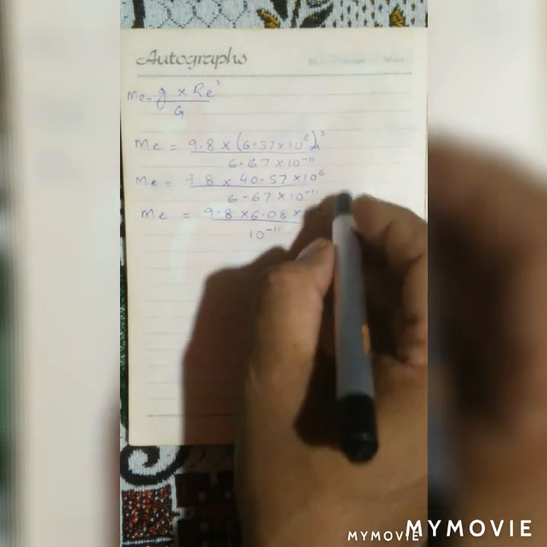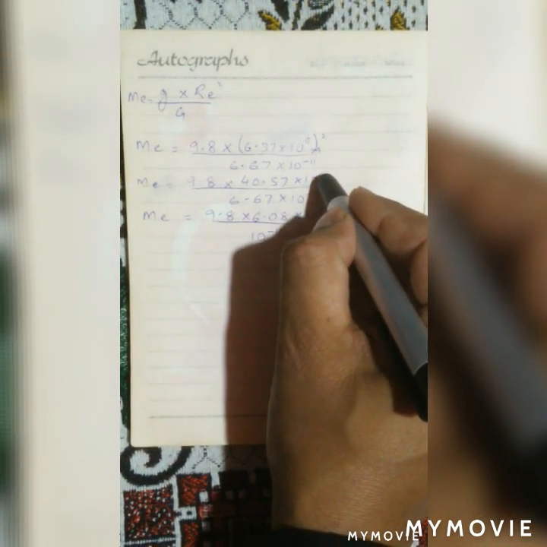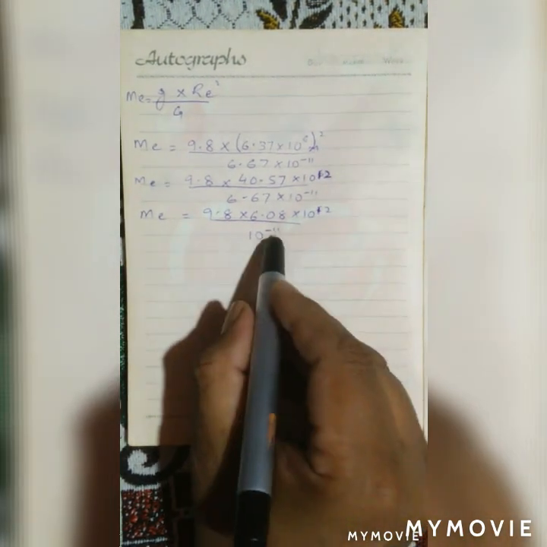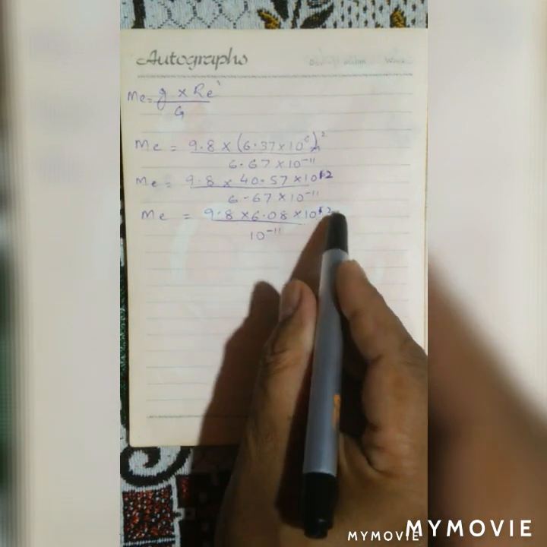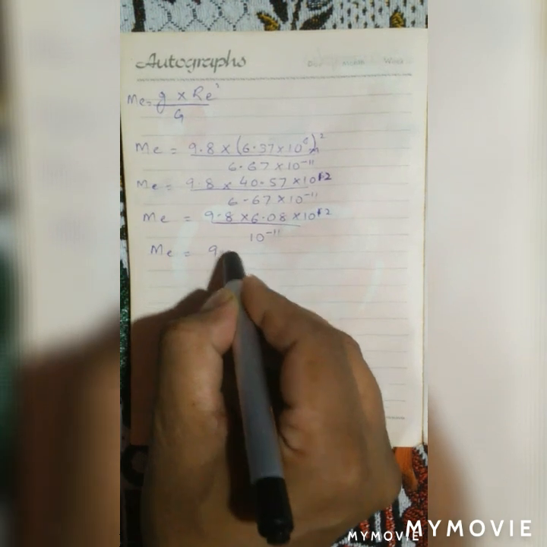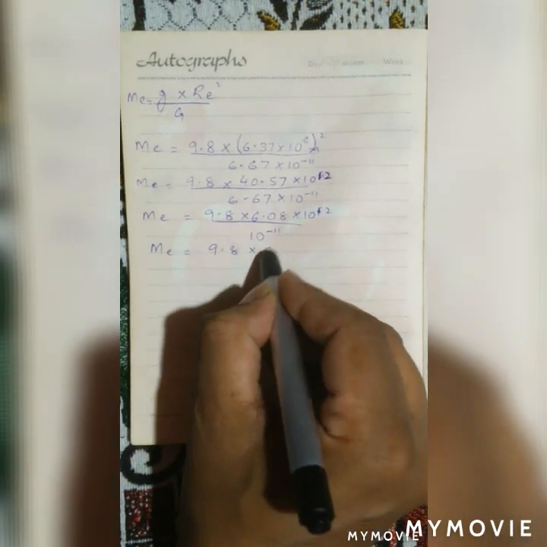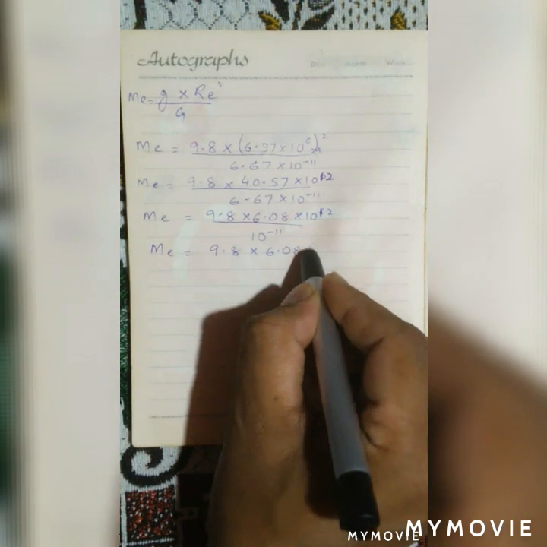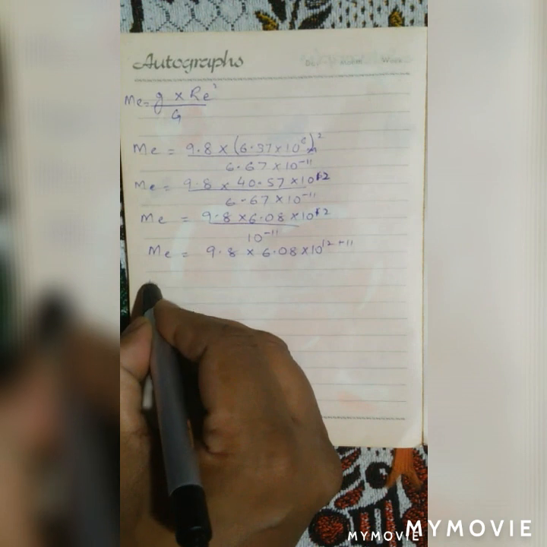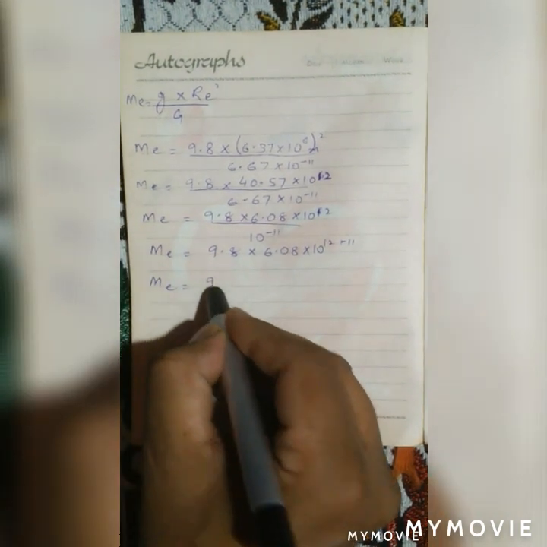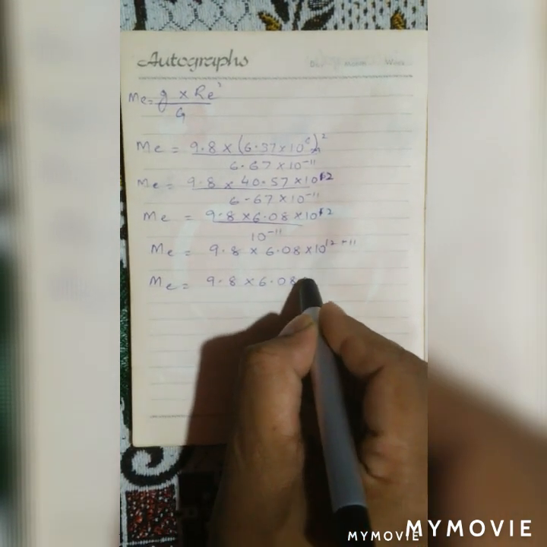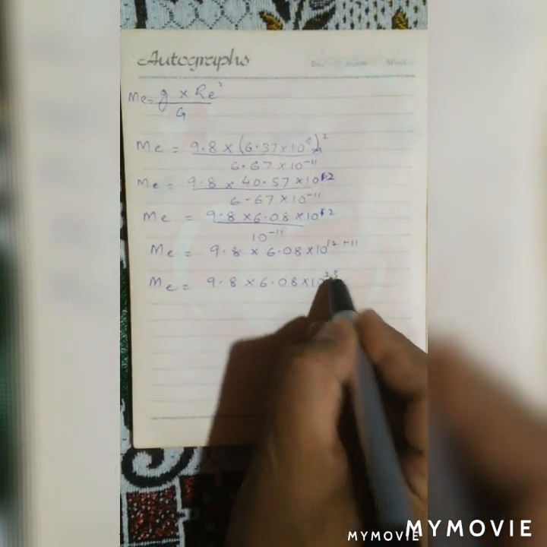On shifting 10 to the power minus 11 above, this will be 12, sorry, this will be 12. Now when we shift this minus 11 above, the mass of the earth will be 9.8 into 6.08 into 10 to the power 12 plus 11. So the mass of the earth will be 9.8 into 6.08 into 10 to the power 23.